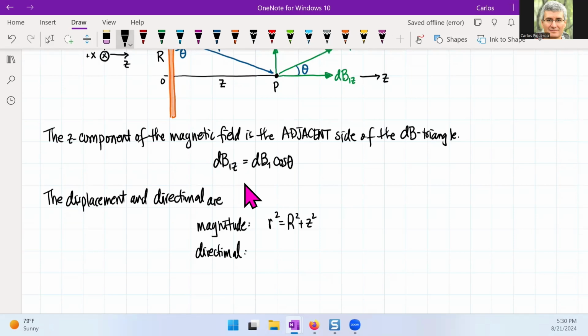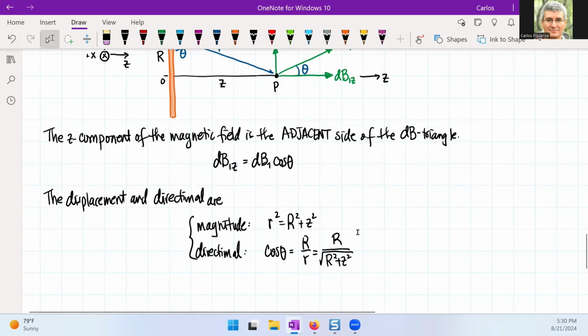The cosine of theta has to be the adjacent side of that triangle, big R, divided into little r, which is big R plus Z quantity squared, square root, divided into R.